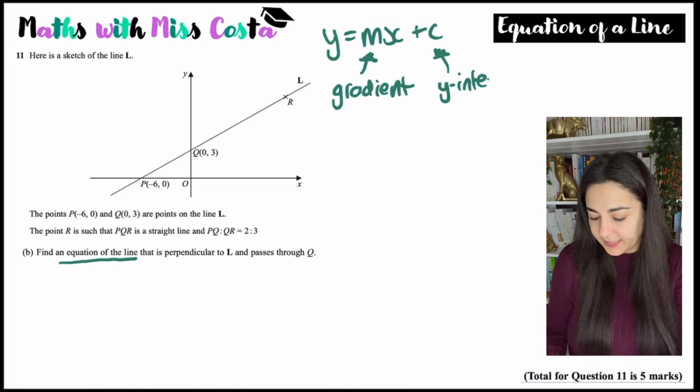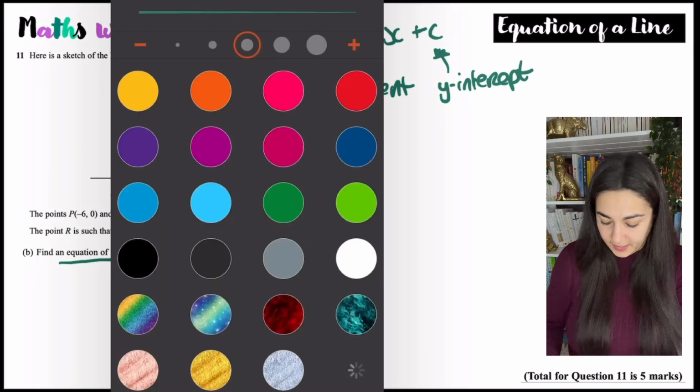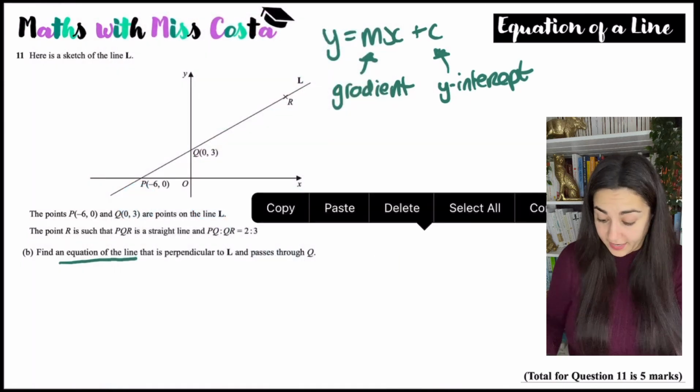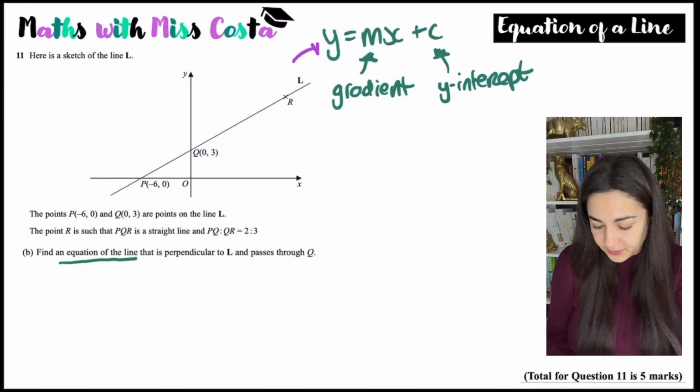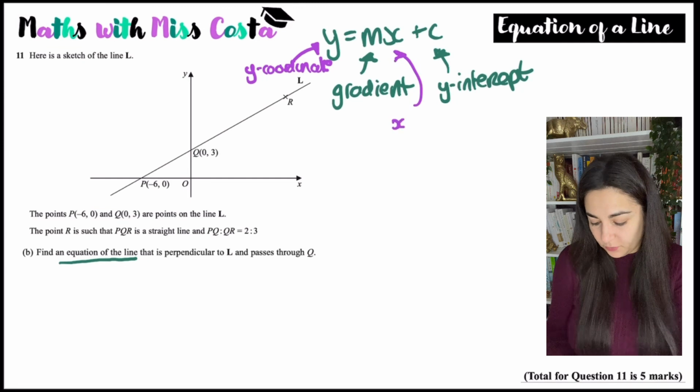So all that means is where the line crosses the y-axis, where it intercepts the y-axis. And y is literally just the y-coordinate at any given part of the line. And x is just the x coordinate at any given point of the line.